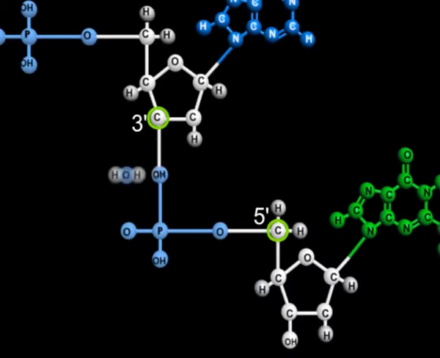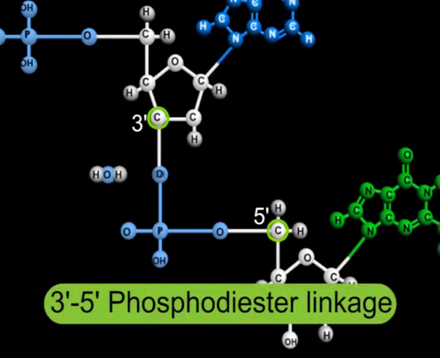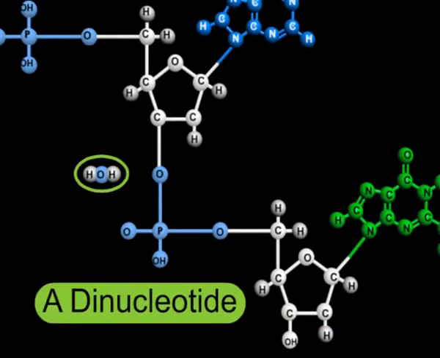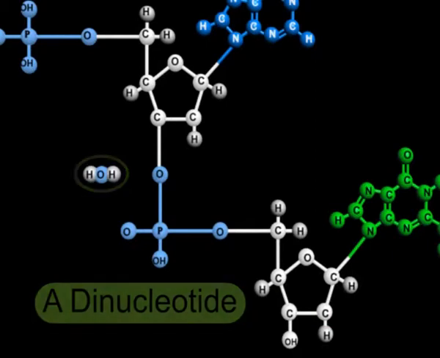The linkage between two nucleotides is called as 3' to 5' Phosphodiester linkage. In the process, a molecule of water is lost and a dinucleotide is formed.